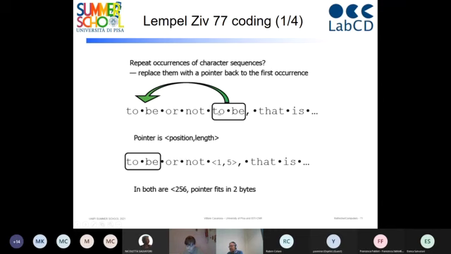Therefore, instead of using these 5 characters in the coded information, it will put the information that says, okay, go back to position number 1 and take the string of a length of 5.